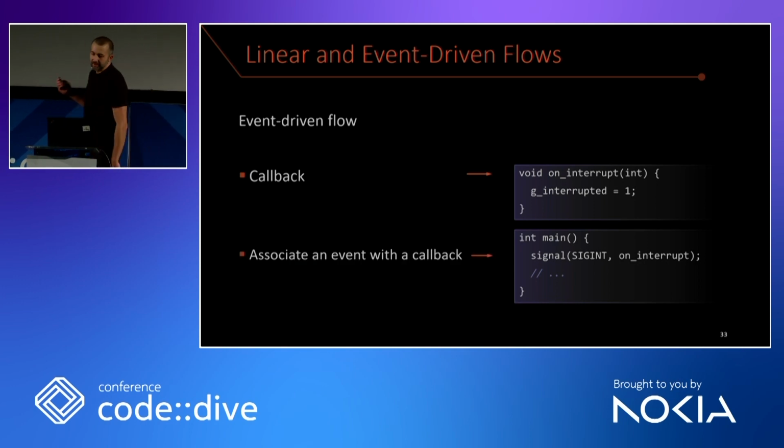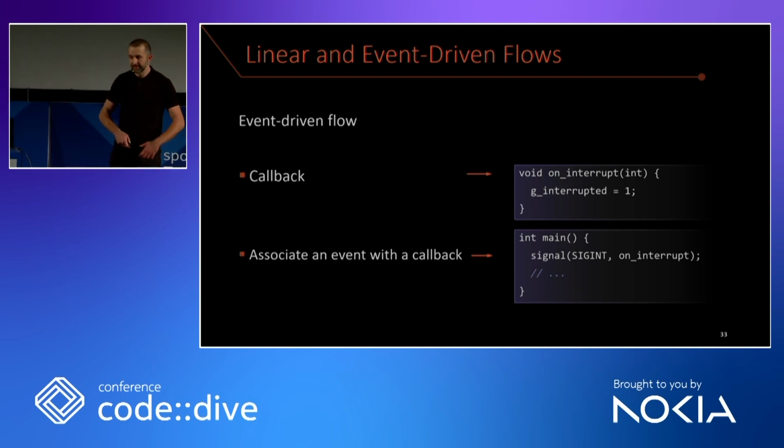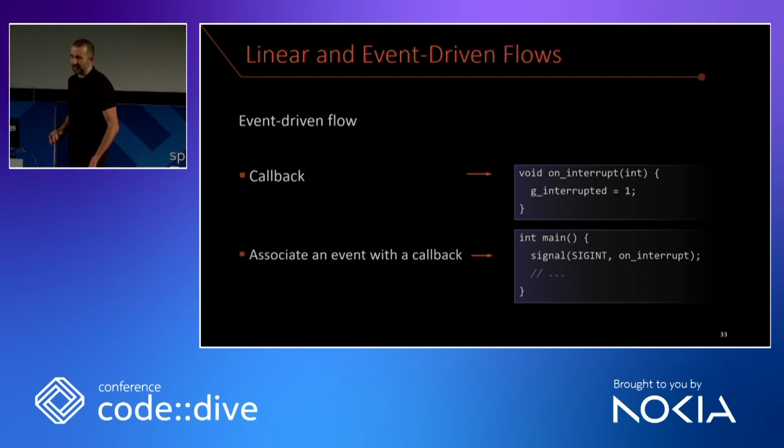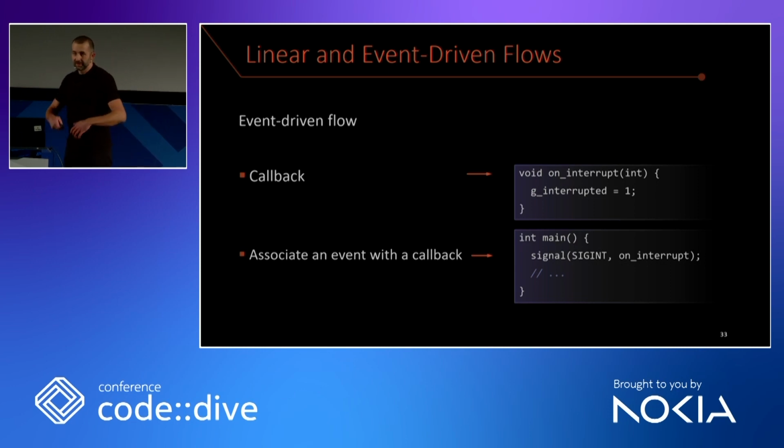But there is a function, and we will tell the system that this function needs to be called in response to this signal. So we are making an association. This callback is not triggered now, it's not called now. It will be called later when the event occurs, maybe in a minute, maybe in an hour, maybe never. We just make an association of an event with a callback. And that's all there is to event-driven flow.